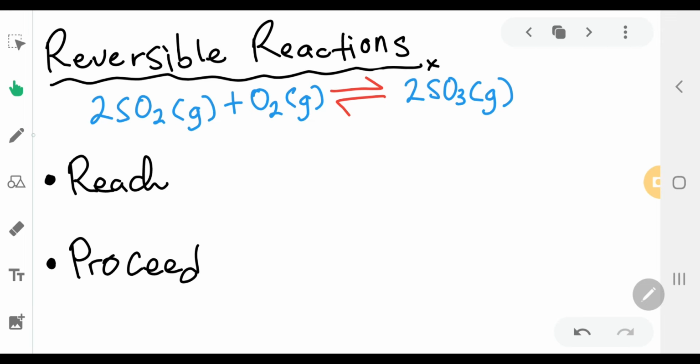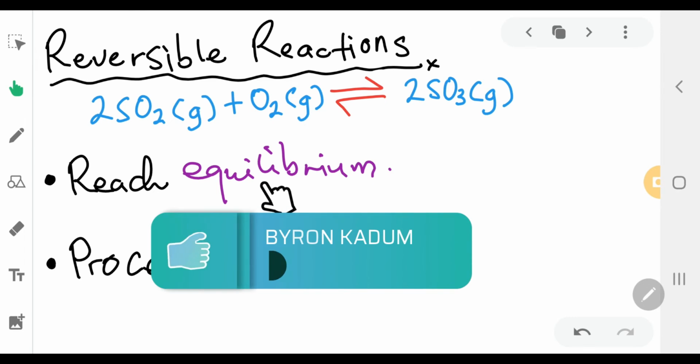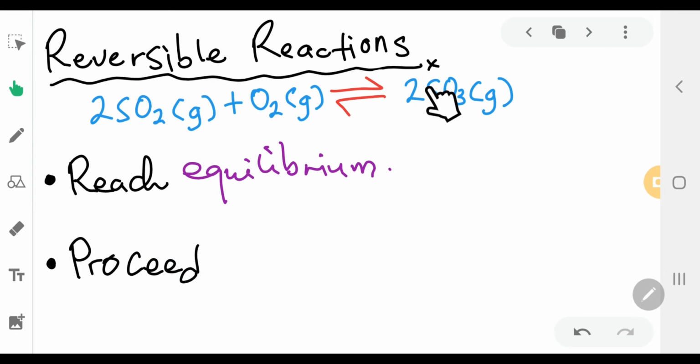Reversible reactions will reach a certain kind of equilibrium. So reversible reactions, for example this one, will tend to reach equilibrium. That's why you have forward and reverse, forward and reverse reactions occurring at the same time so that you can achieve equilibrium.